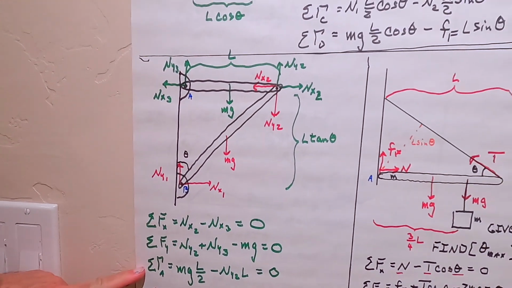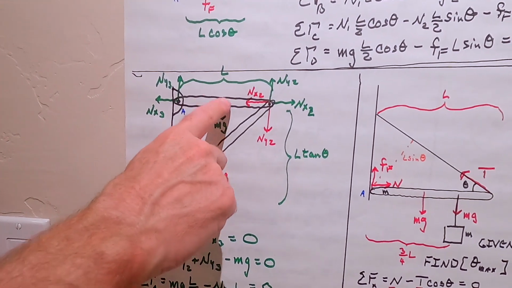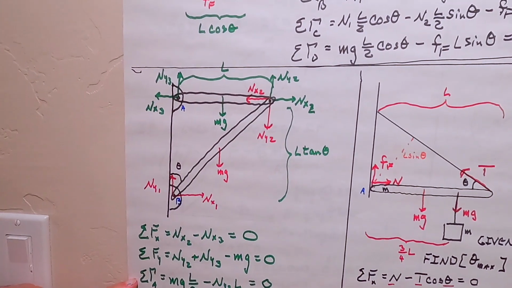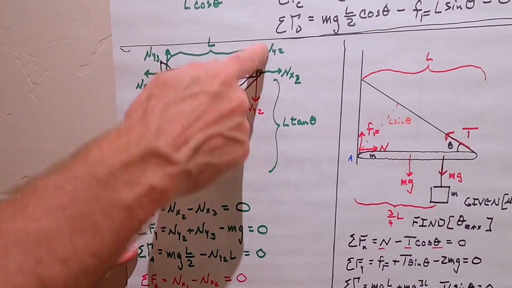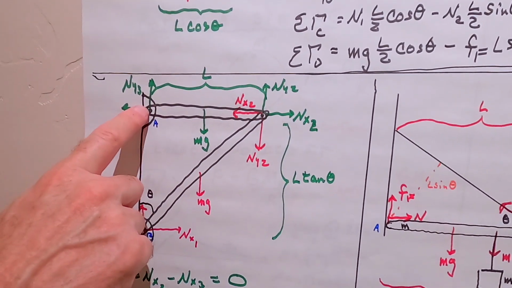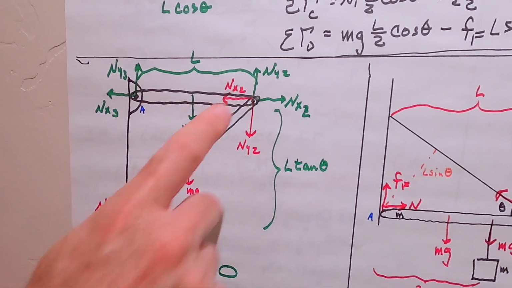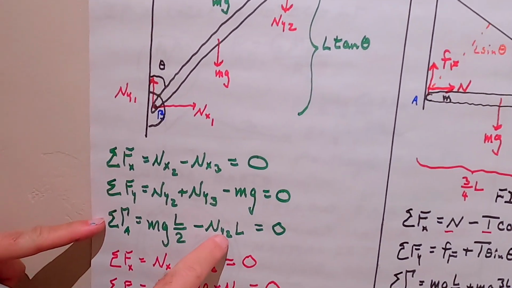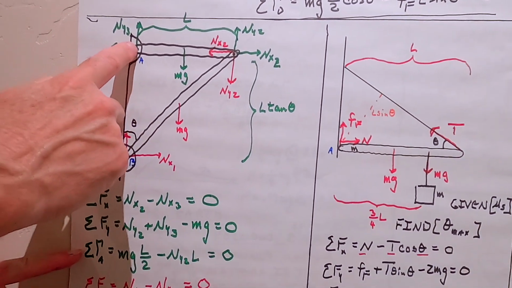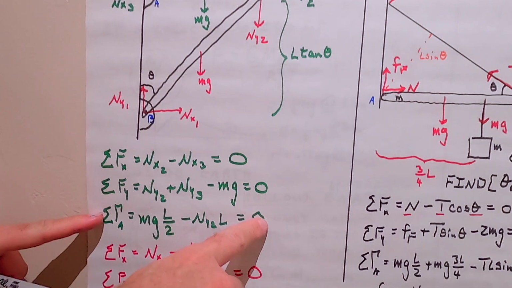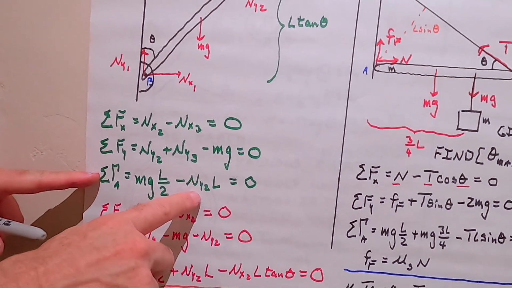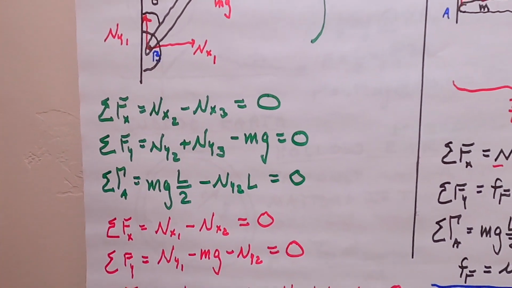We've got mg times the shortest distance, which is L over 2, minus, we don't have to worry about any of these three, because they all go through that point. We only have to worry about mg and NY2. So minus NY2 times the shortest distance between this line and that point, which is L, equals 0. So I could get NY2 from that.